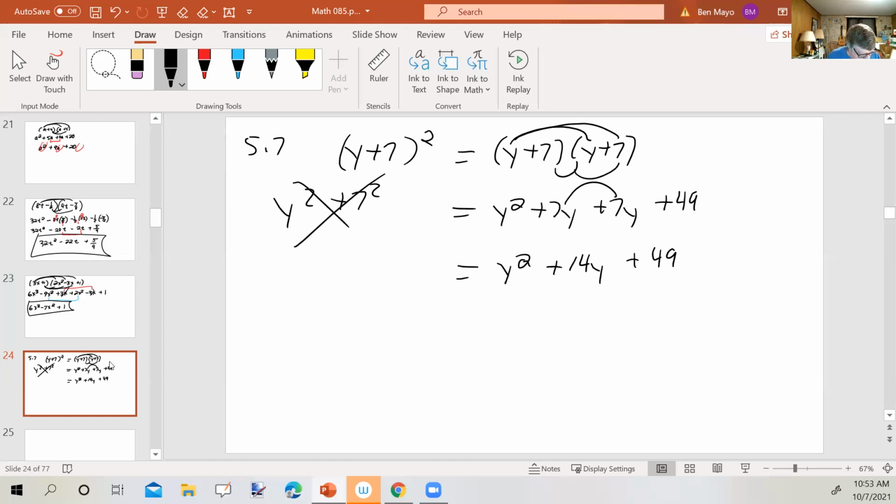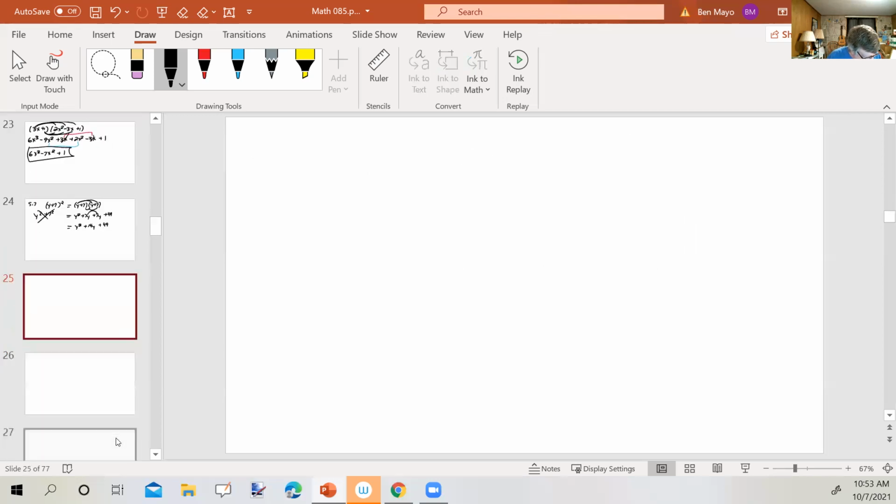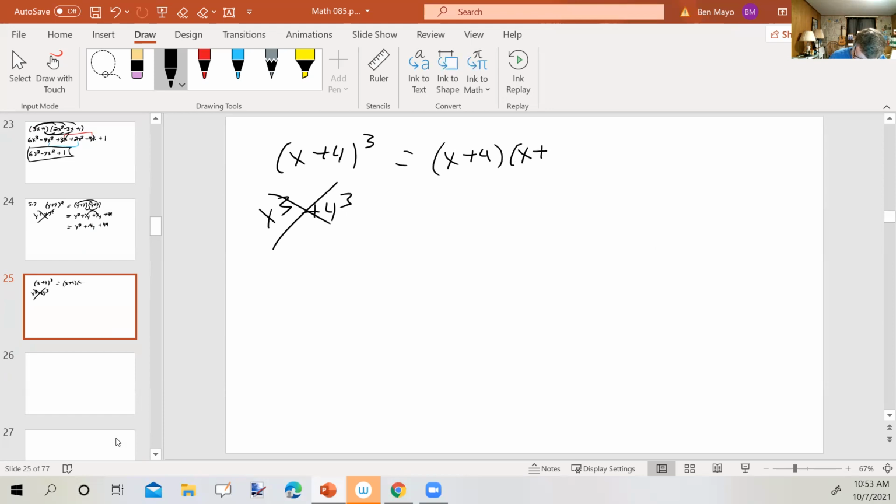And then let's say we've got something like this. X plus 4 the quantity cubed. Again, that is not x cubed plus 4 cubed. It is x plus 4 times x plus 4 times x plus 4. We have three factors of the base being x plus 4.